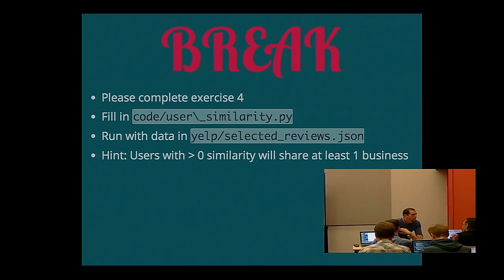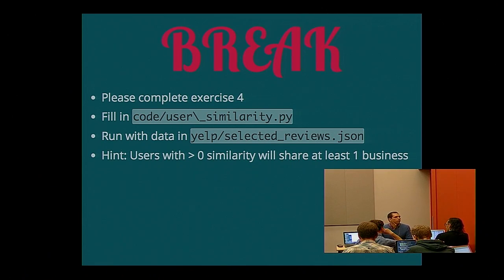Say again? So you want the Jaccard coefficient among all the users in the set. We just want the users that are at or above the 0.5 similarity. Do we have to compare all the users between all the other users? Well, that's the hint, right? We might not necessarily need to compute them between all of them if we know that two users have never reviewed the same business.